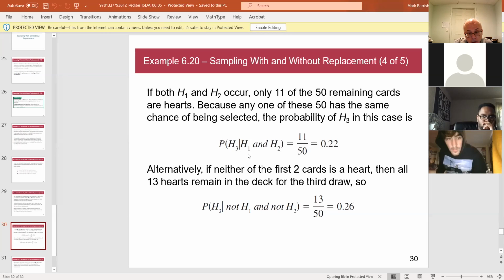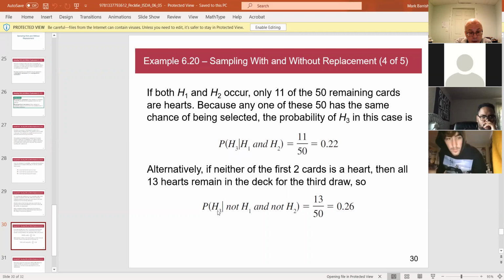If 1/4 of the cards are hearts at the beginning, that's 13 cards. 1/4 of 52 is 13. If the first two cards are hearts, that means we're left with 11 hearts in the deck out of 50 cards. So that's the probability that the third card will be a heart given the first two are hearts.